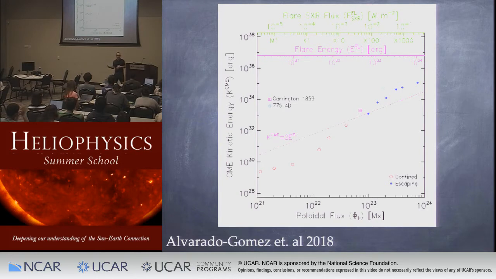So we know that most CMEs on the Sun are associated with flares. These are the excess of energy that hits the flanks of the CME, if you like. In a typical CME, most of the energy will go to the kinetic energy of the CME. But if that energy cannot go there, it will all go to the flare.